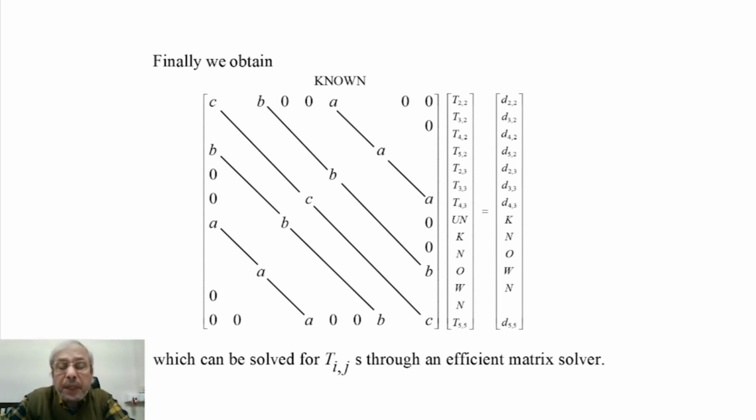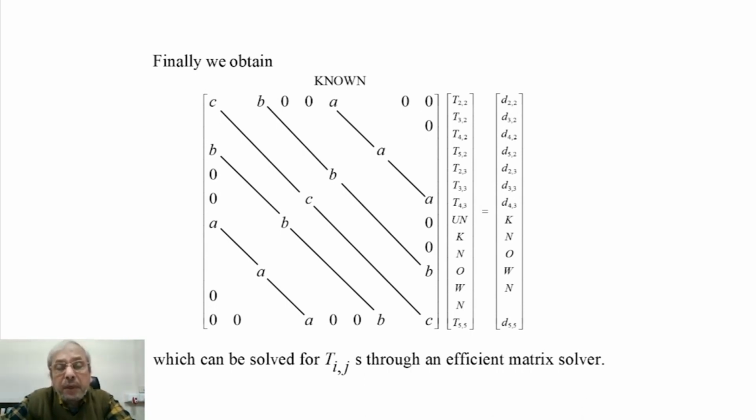For such a pentadiagonal matrix, we can easily adopt the Gaussian elimination method, but there is another very efficient method, like the Thomas algorithm, well appropriate as a matrix solver for pentadiagonal matrices.